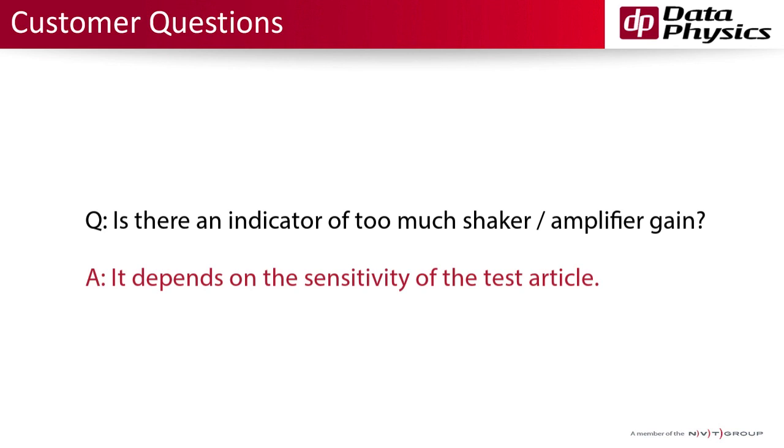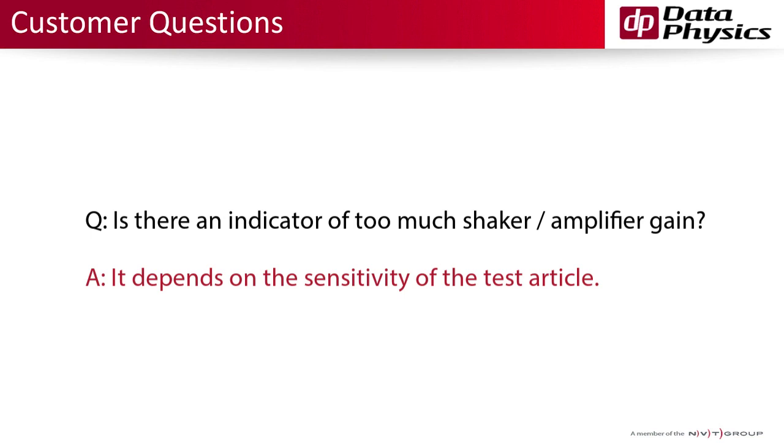Obviously, the pretest is meant to tickle the shaker. You don't want to be driving as hard as your actual vibe profile is going to be. In terms of the actual quality of the pretest data, there actually is no difference.